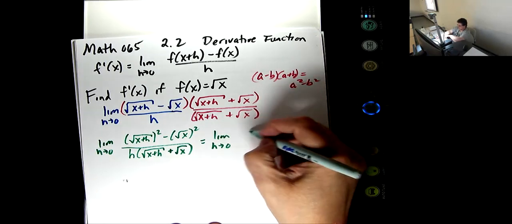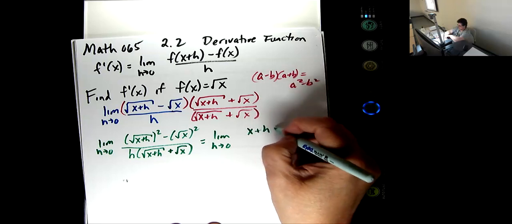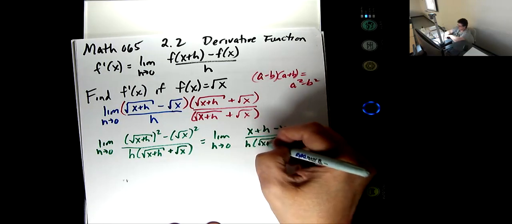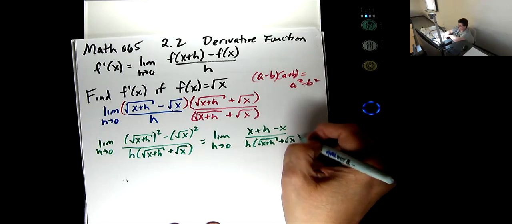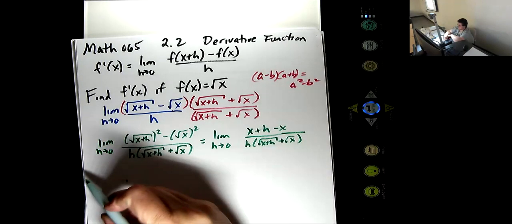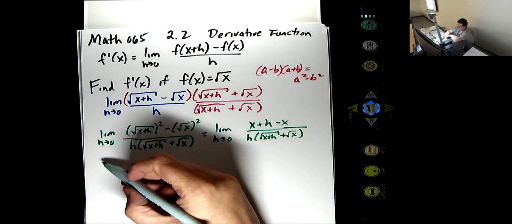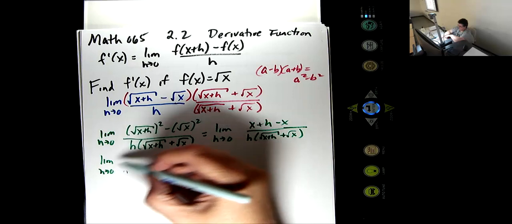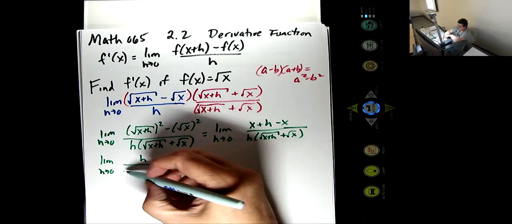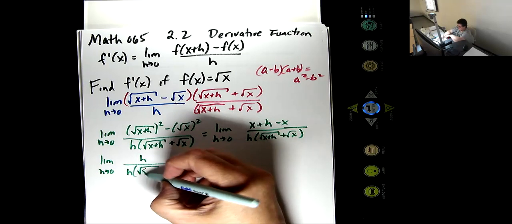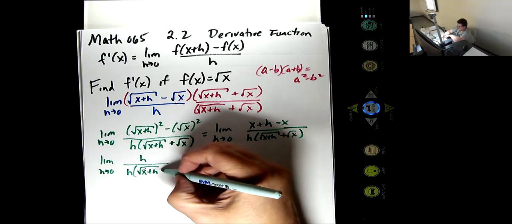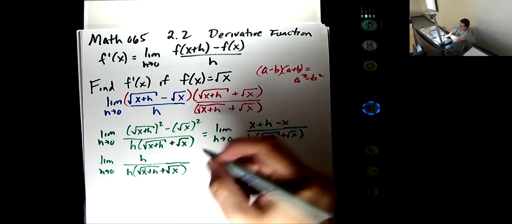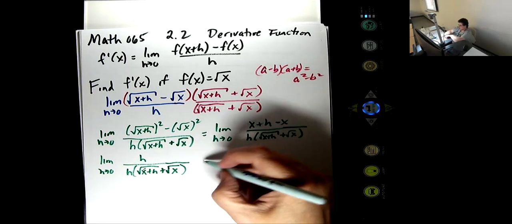So we work that out. We've got x plus h minus x over h times square root of x plus h plus square root of x. And I'll show all the steps. The x minus x goes away. We have h on top, then h on bottom multiplied by square root of x plus h plus square root of x. The h's go away.